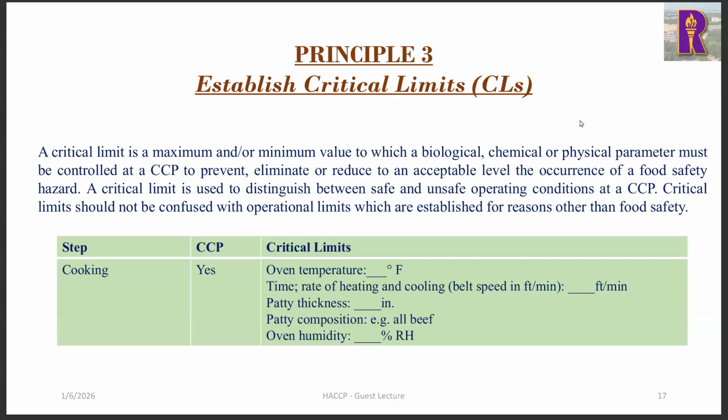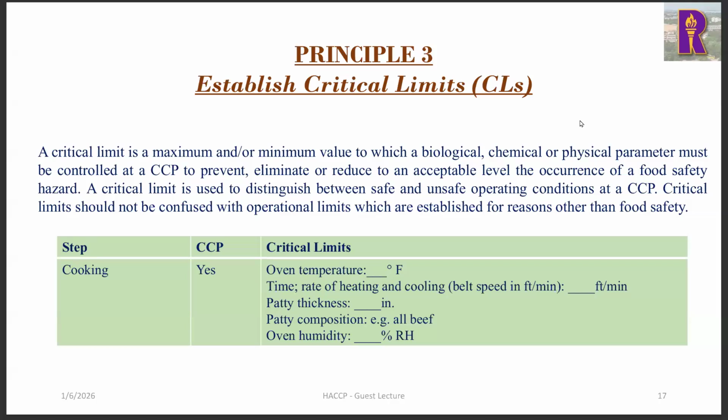If we go for cooking of poultry, when the critical point is 165 degrees Celsius, the range could be above 165, but it should not come below 165. That is what is meant by critical limits. When the limit reduces below the critical point, then it must be governed and rectified. So this is how critical limits play a major role in HACCP.